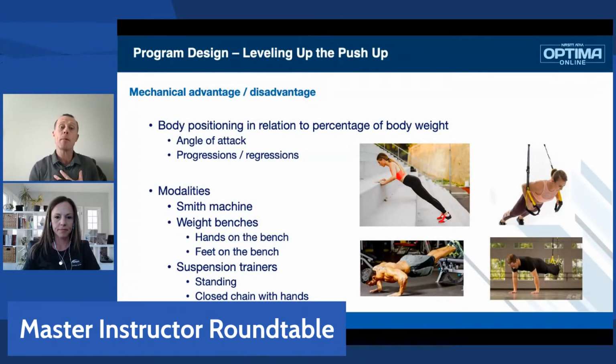So just again, you should have played around with these yourself and understand and feel what those progressions and regressions are like. But what's easy for us may not be easy for somebody else. And then also, when you put your hands on the floor and your body weight's above you, or you're using a suspension trainer, understand there's going to be more activation in all those muscles of the shoulder and the scapula, which is phenomenal.